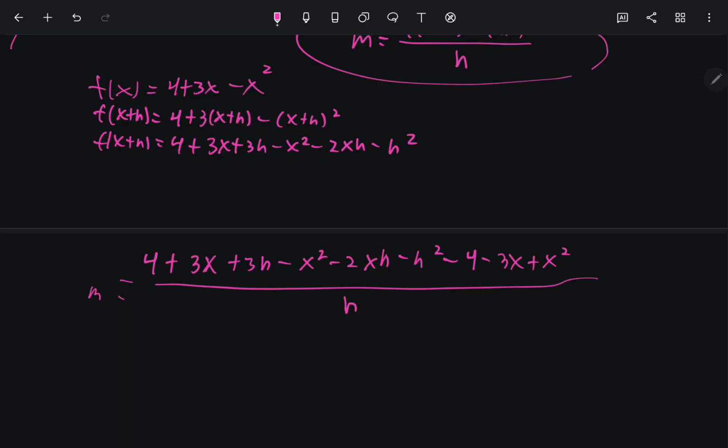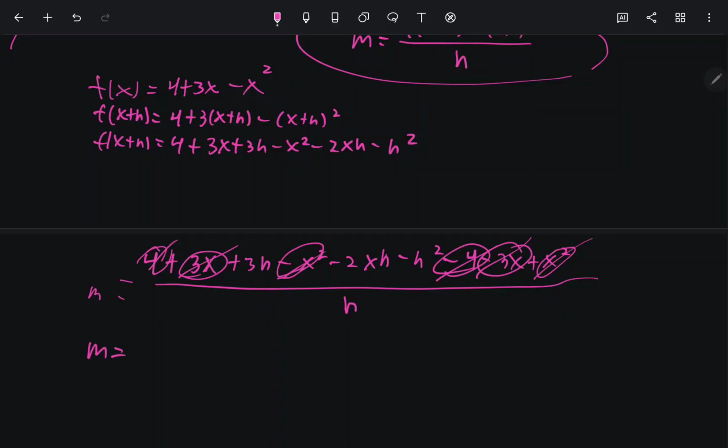So now let's just look. This will probably get a lot simpler, right? We have a 4 there, and we have a negative 4 there. Cancel them. We've got a negative 3x, and we've got a 3x. Cancel them. We've got a 3h. I don't think anything cancels that, but we do have a negative x squared and an x squared. Cancel them.